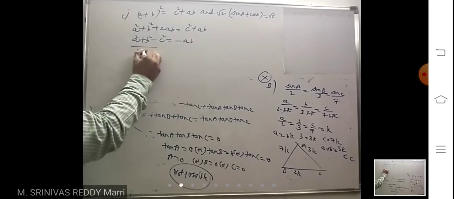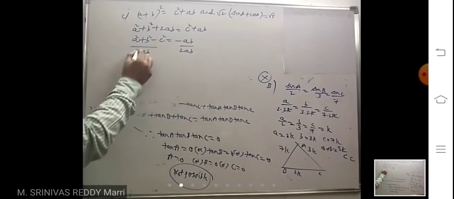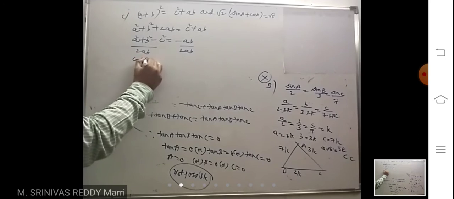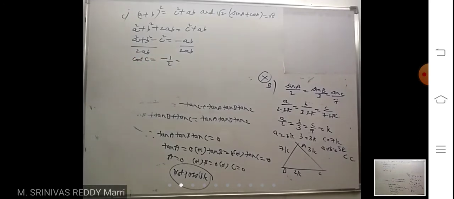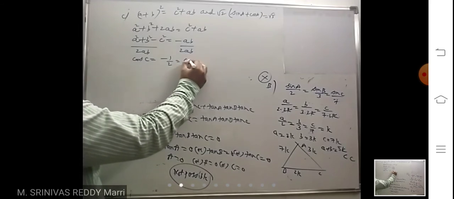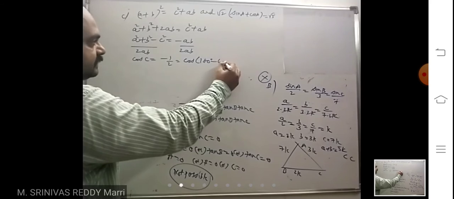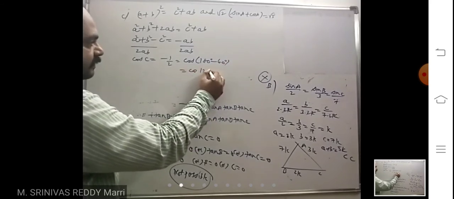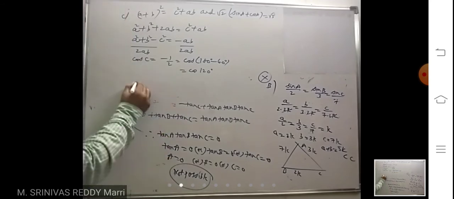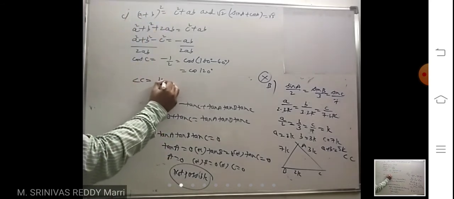I am dividing both sides by ab. This is nothing but cos C, which is −1/2. Minus 1/2 means the angle C is 180 minus 60 degrees. That means you are getting 120 degrees.